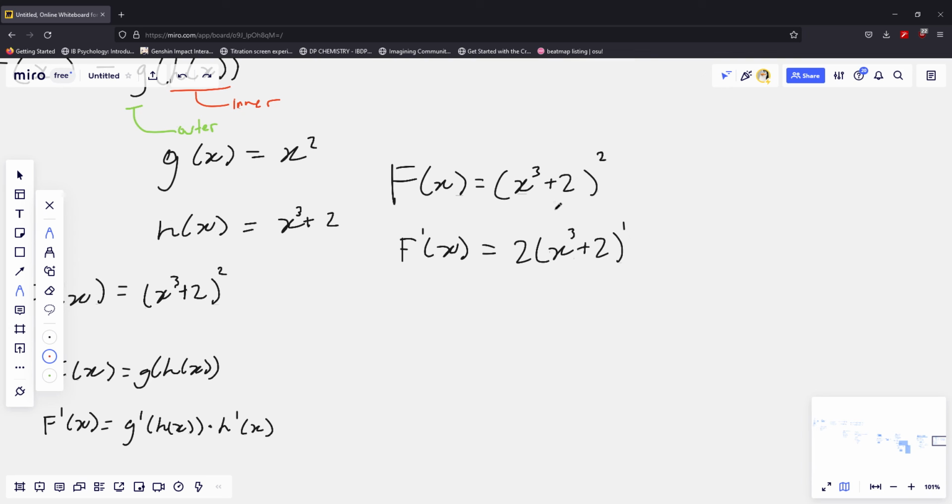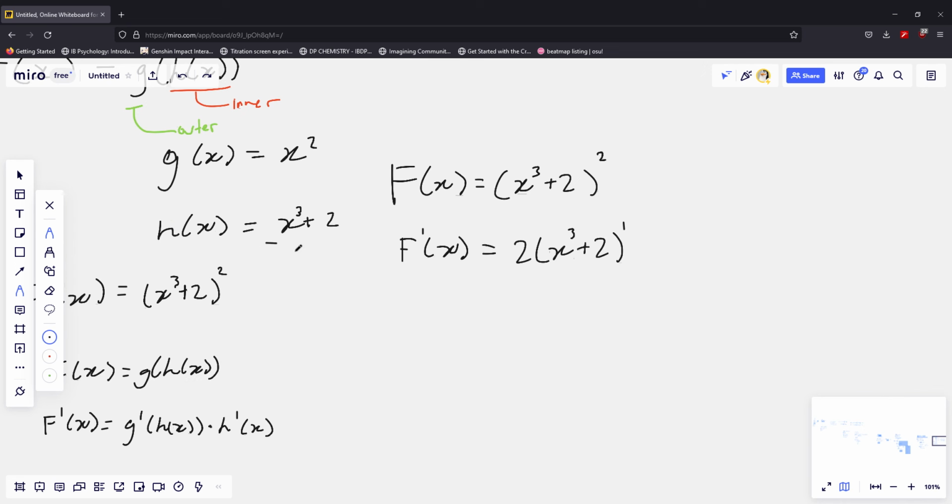Remember that since we're taking the derivative of this whole thing with respect to the base, this is the base here. Because it is with respect to the base, we're allowed to use power rule like this. But don't forget, we need to multiply by the derivative of the inner function.